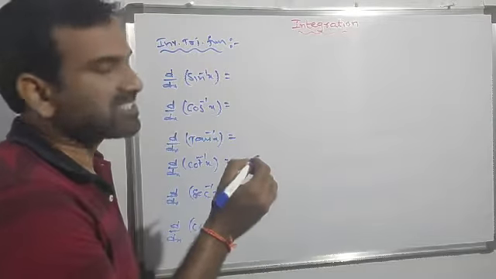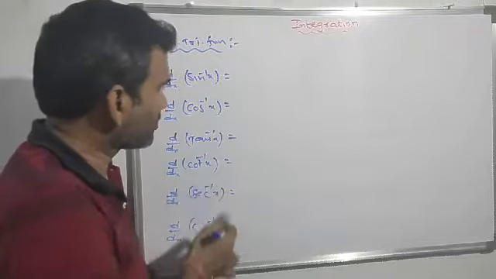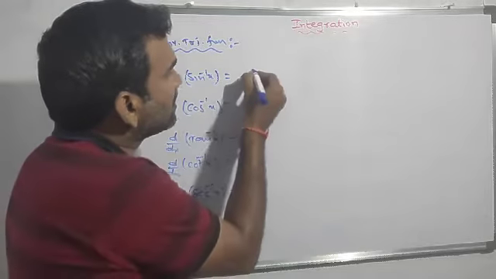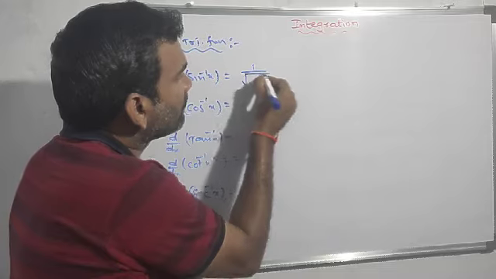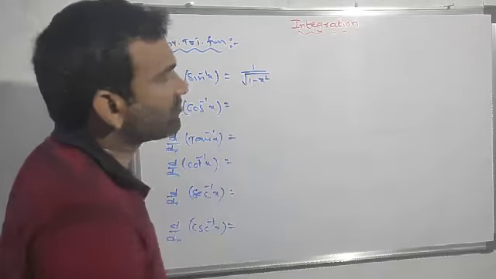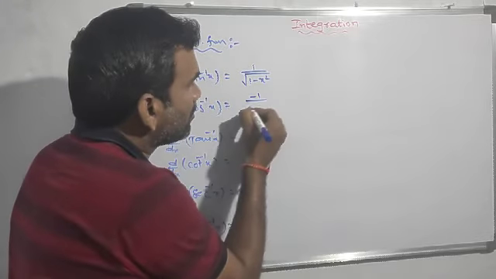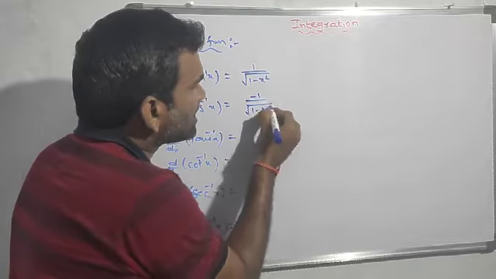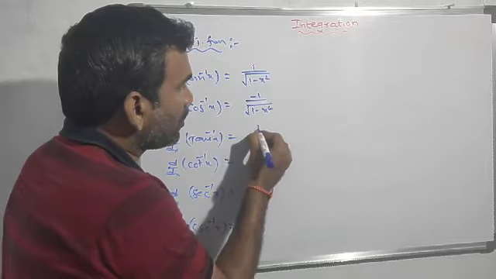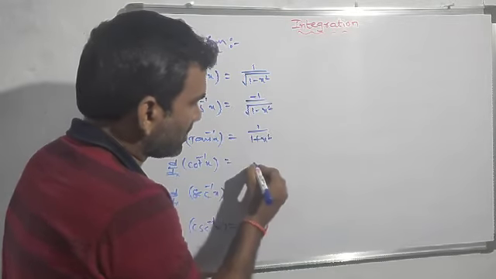Already we have some idea on the differentiation of these inverse trigonometric functions. The differentiation of sine inverse x is 1 by square root of 1 minus x square, and for cos inverse x it is minus 1 by square root of 1 minus x square. For tan inverse x it is 1 by 1 plus x square.